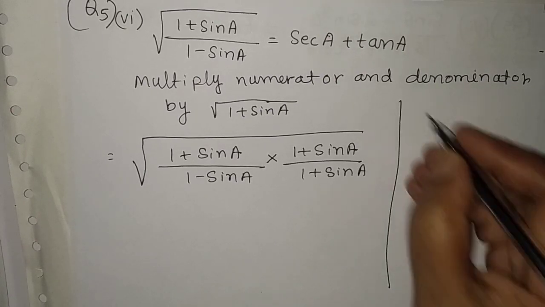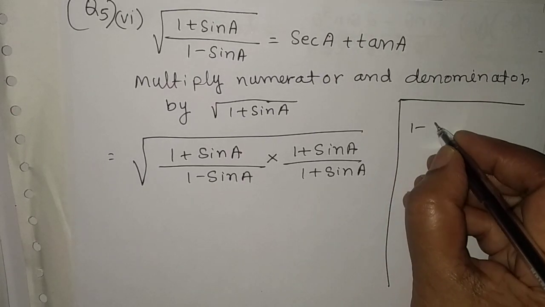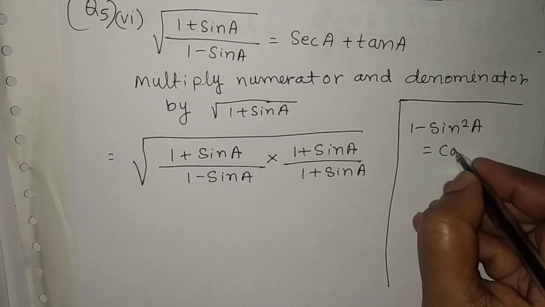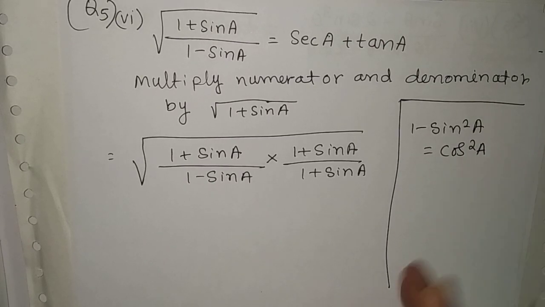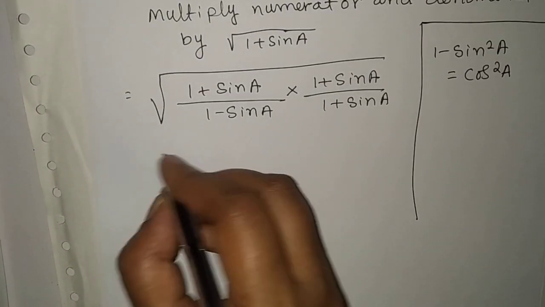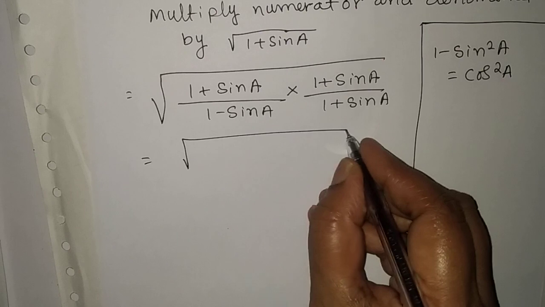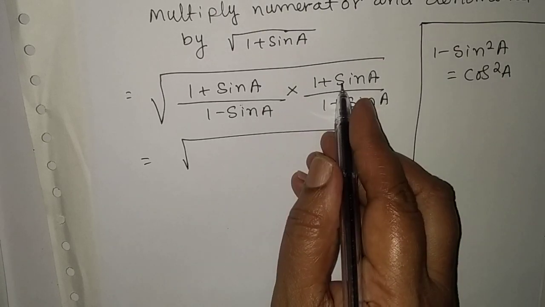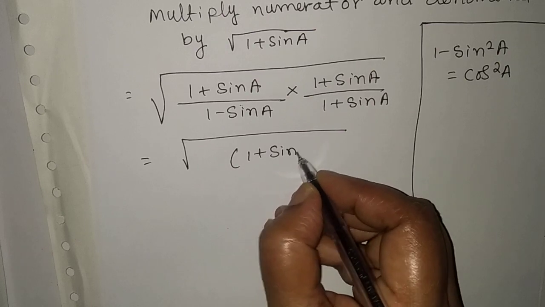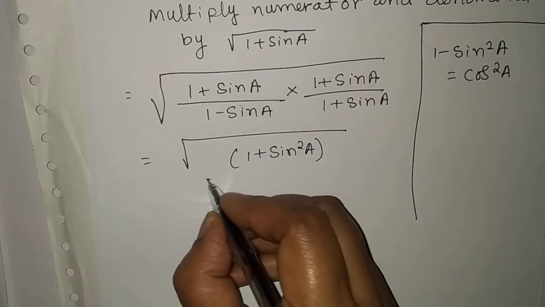So as we know here, 1 minus sin square A is equal to cos square A. So here now multiply. After multiplying, we will get (1 plus sin A) square in the numerator.